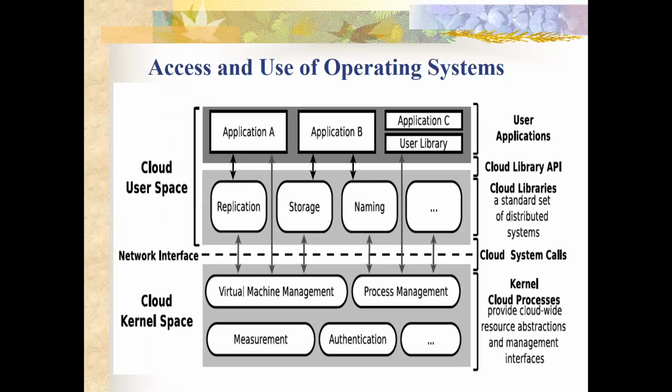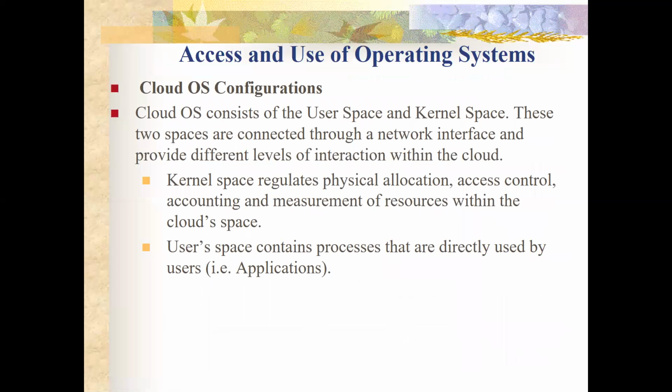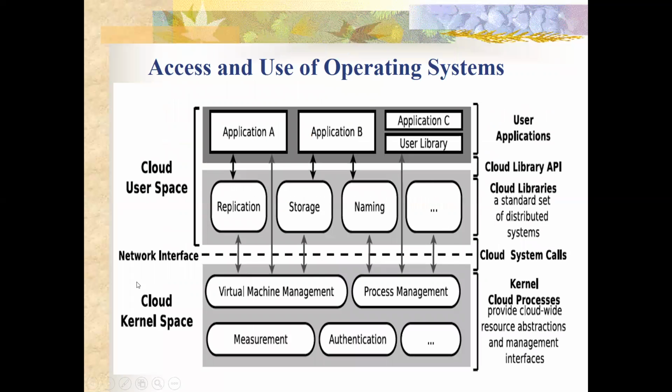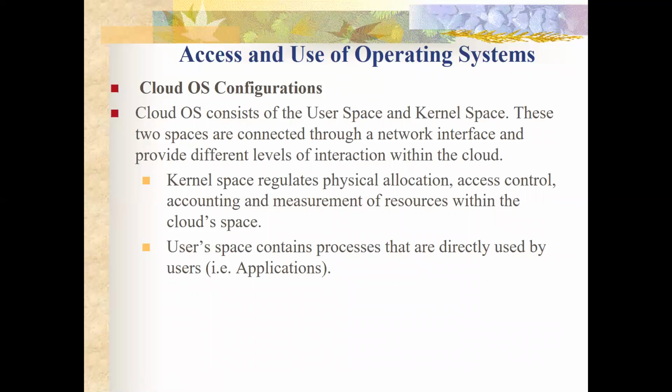Again, here we talk about the cloud operating system configuration based on this diagram. A cloud operating system consists of the user space and the kernel space. In this diagram, they're separate. This is user space, this is kernel space. These two spaces are connected through a network interface and provide a different level of interaction within the cloud.